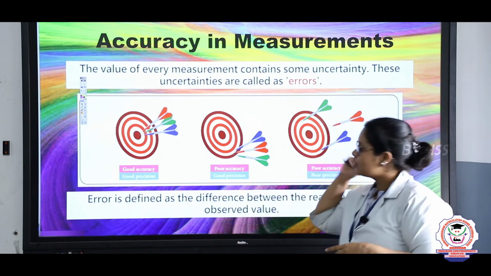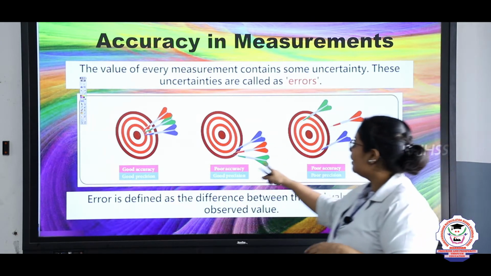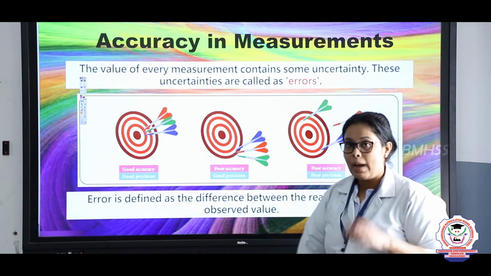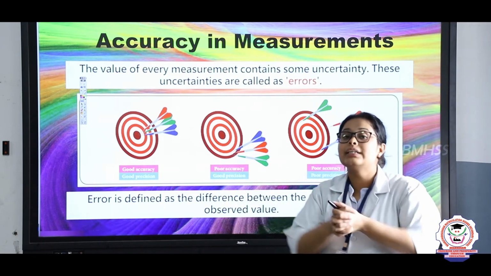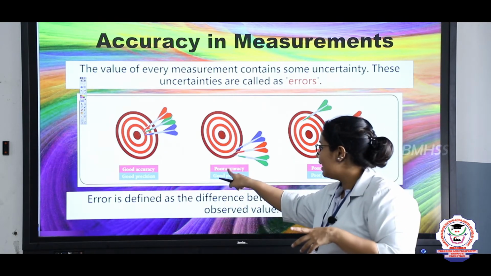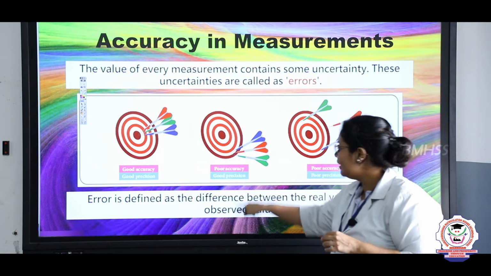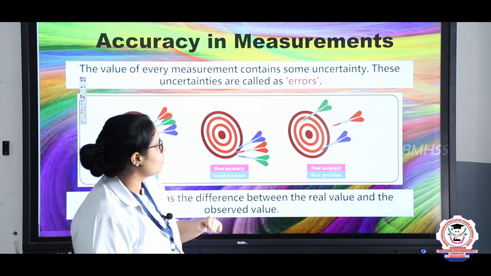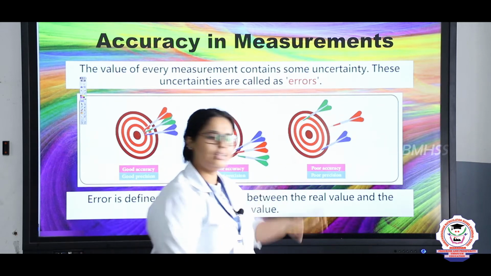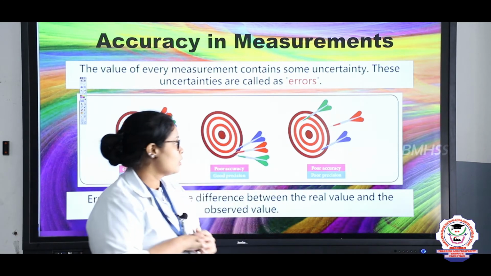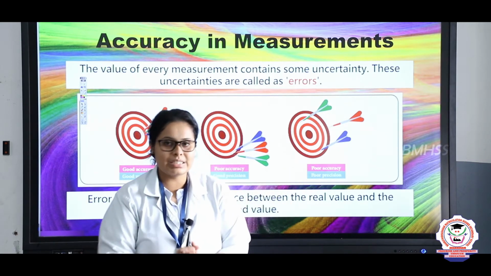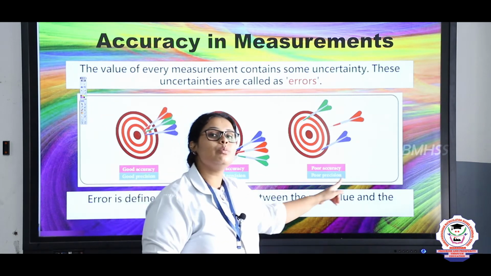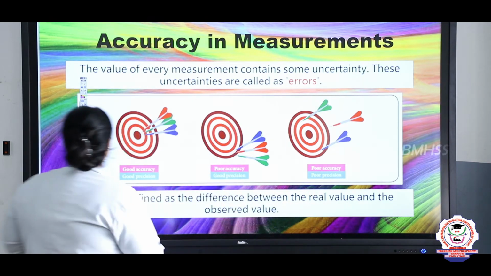Now the last one, here it is not accurate, but all are together, right. So here they are poor accuracy but good precision. Same way, now you can see here all the 3 darts are at 3 different points. So here the accuracy is 0 and the precision will also become 0.